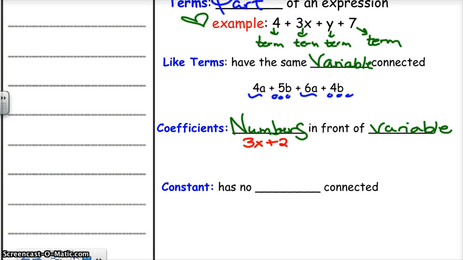The coefficient here would be the 3. It is the number that's in front sticking to the variable. 4 plus 2y. Which one is the coefficient there? 2. The 2 is the coefficient. It's the number sticking to the letter.